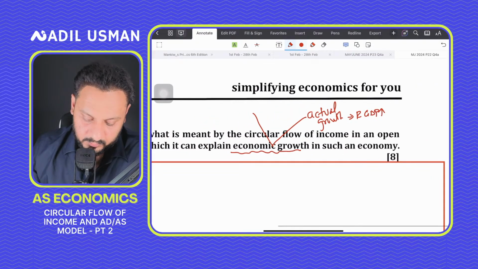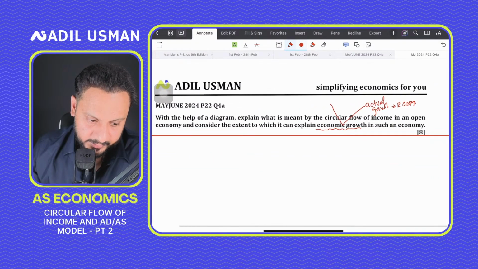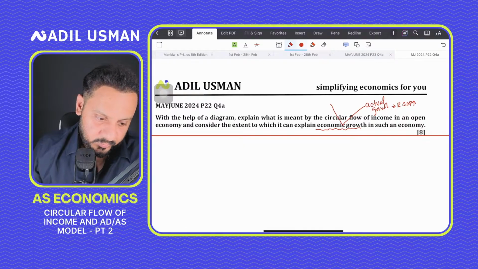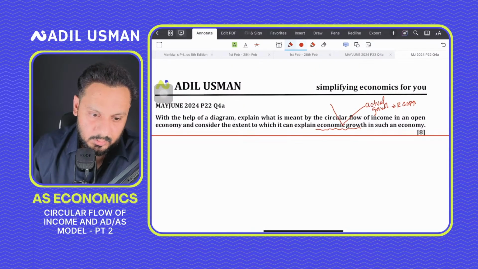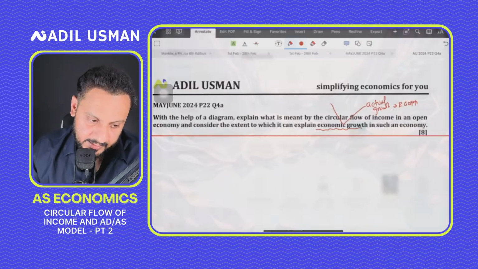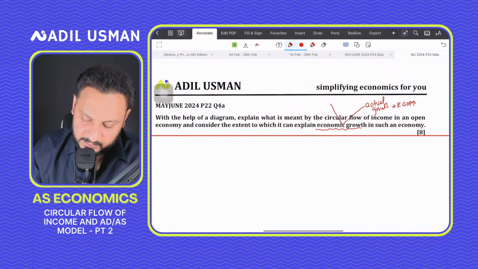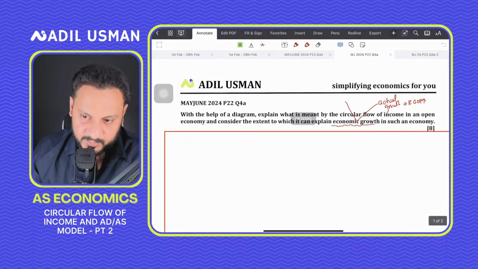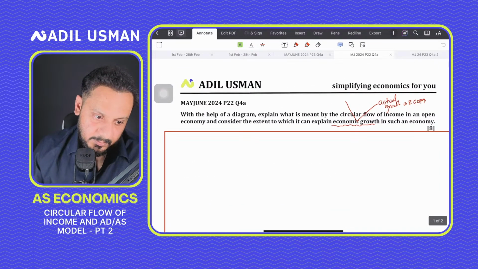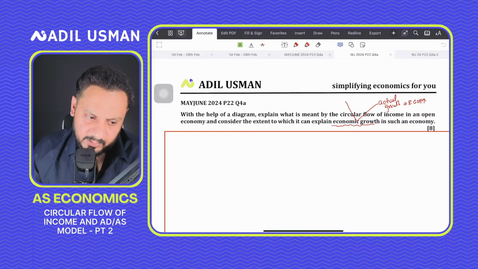जी, so explain to what extent would there be economic growth. इसमें what you need to talk about is that you need to say that circular flow of income is actually a good model to explain economic growth, but it's a very good model to explain what's happening to actual real GDP or actual growth.